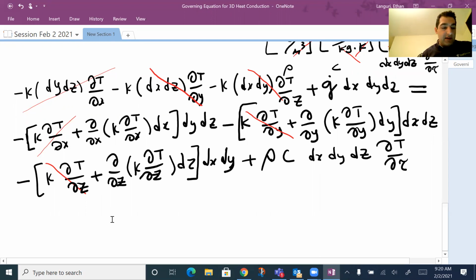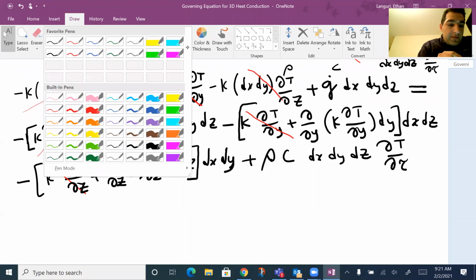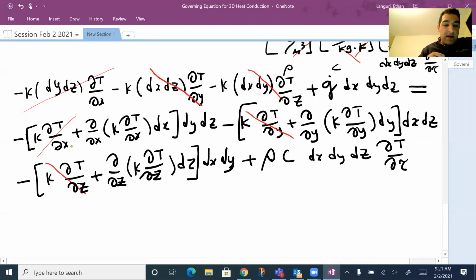Another thing we can cancel out is the volume. Look at here. The first three terms are gone. I have dx dy dz as a volume here. On the other side of the equation, I have it here.